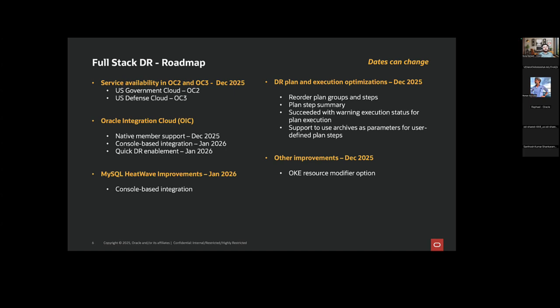Again, these are all the prereqs from the Oracle Integration service perspective, so you have to make sure you satisfy those in order to take advantage of the disaster recovery APIs available from the integration service. Once you are good on that, you can add your integration instance to the protection groups. Then, based on the plan you create, we will pre-populate the recovery steps for you automatically. That is something we are planning in the next couple of weeks.